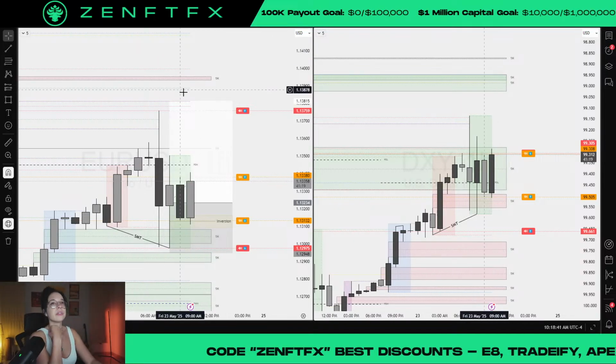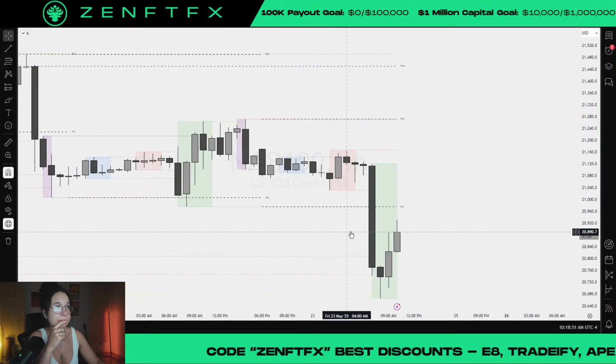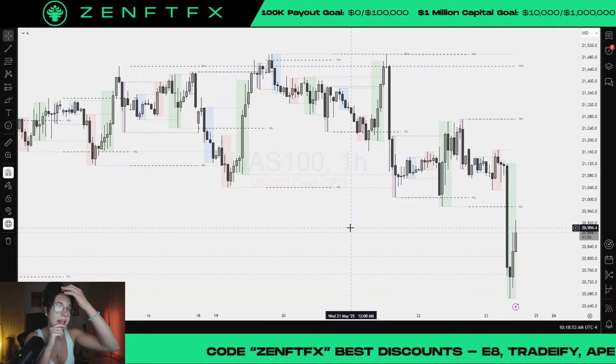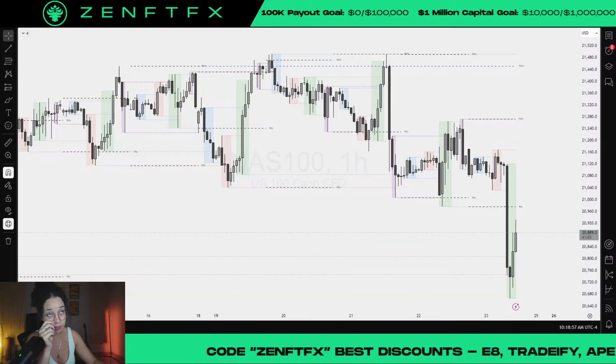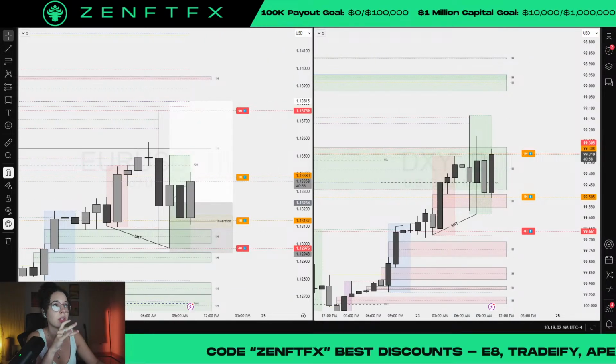Dude, the moves that Nas especially has been making over the last few months, overnight, have been diabolical. I stopped trading Nas at the beginning of the year, but I started trading it when I was getting into futures last year, around June, July, and I have never seen these moves.